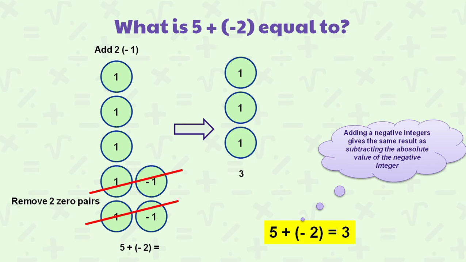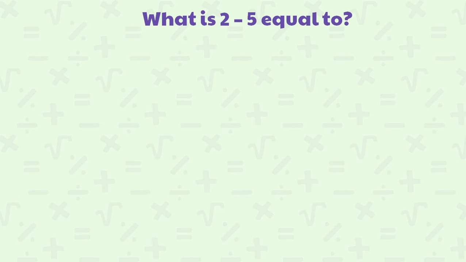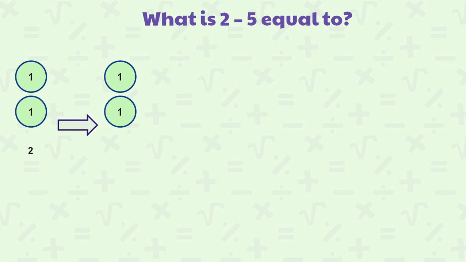Next example, what is 2 minus 5 equal to? 2 minus 5. Okay, 2 and then negative 5. 2 and then you need to add 3 zero pairs. 3 zero pairs made from 1 plus negative 1.